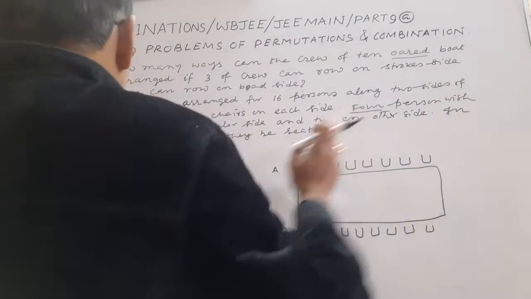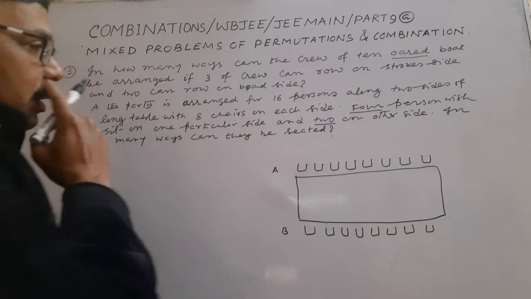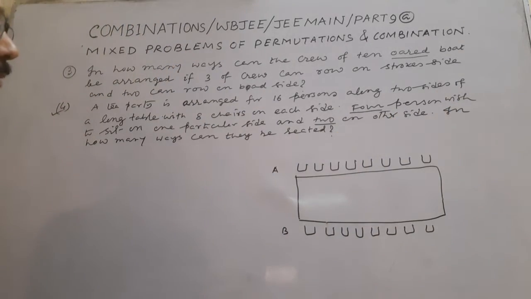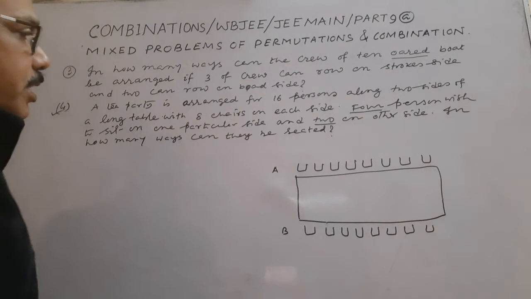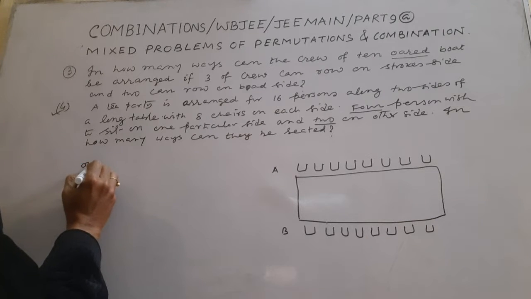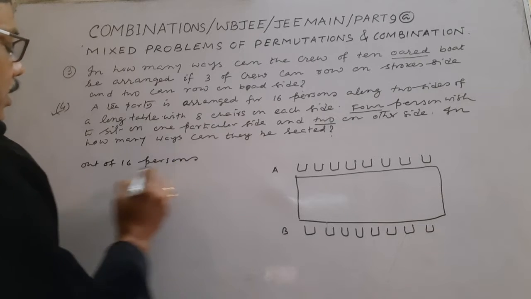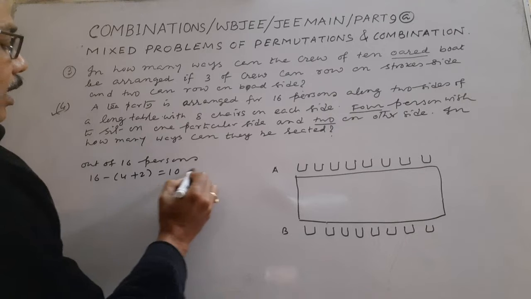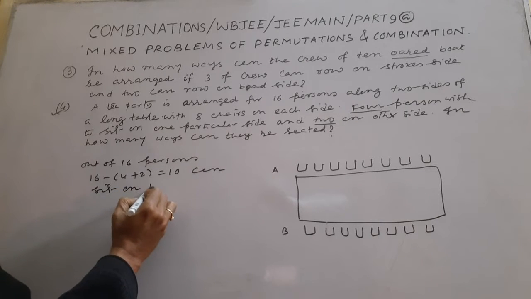4 persons wish to sit on one particular side and 2 on the other side. So out of 16 persons, 16 minus 4 plus 2 equals 10 can sit on both sides.